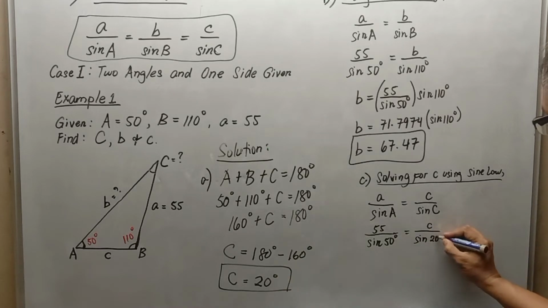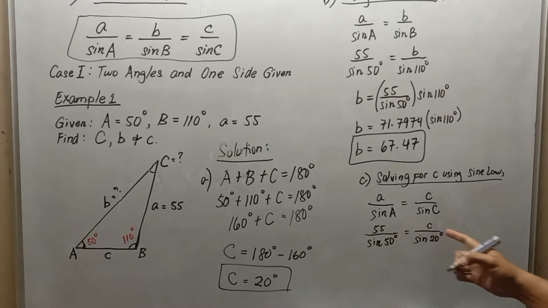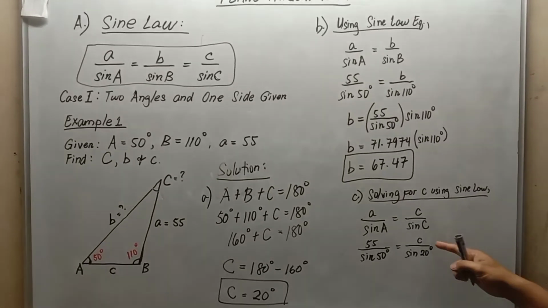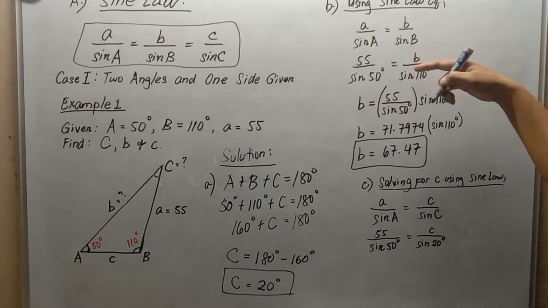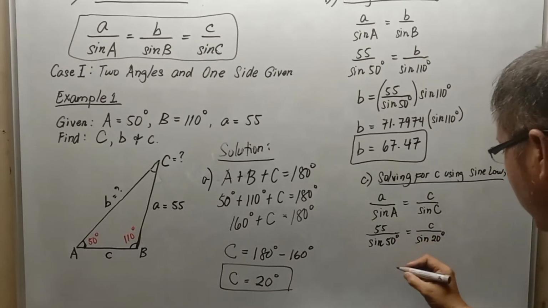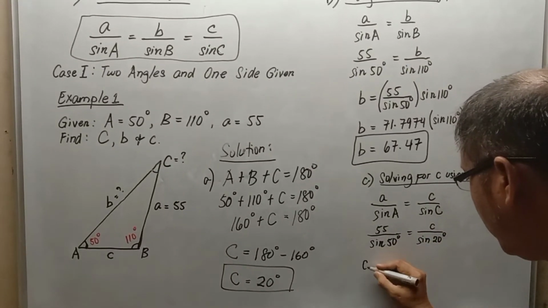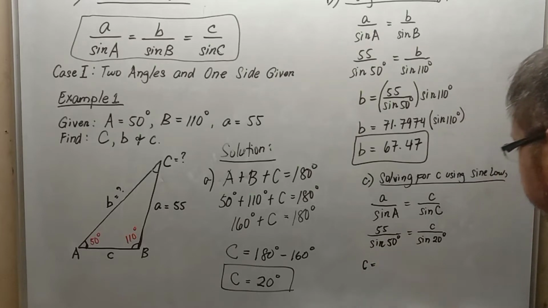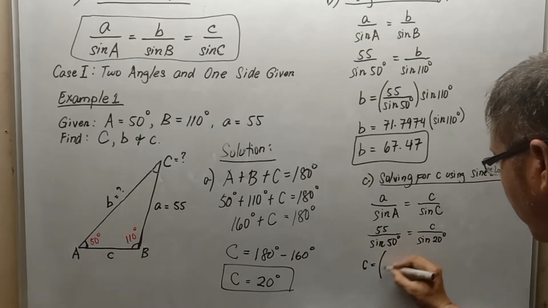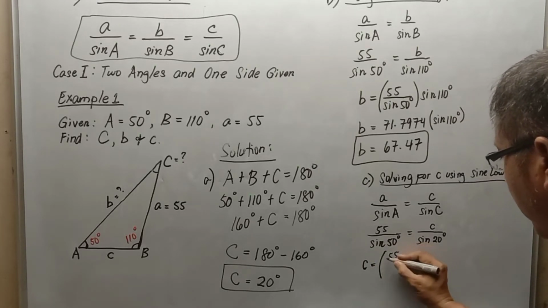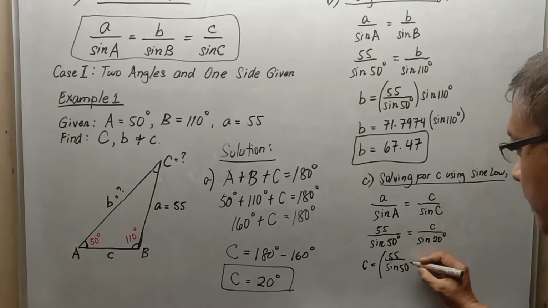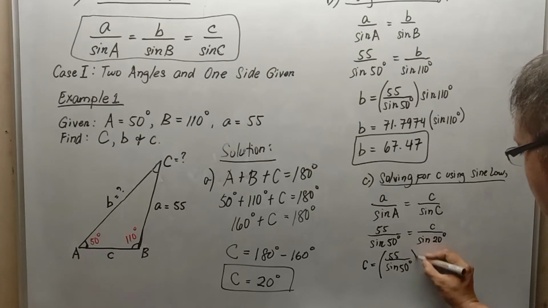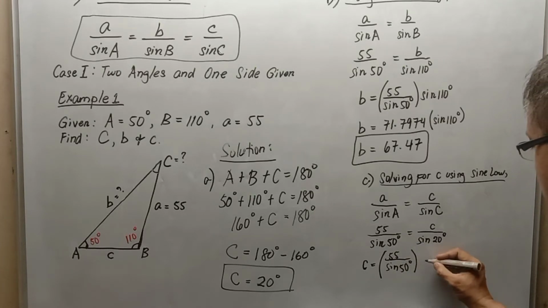Now, to simplify this expression, the same procedure as above, C will be equal to 55 over sine 50 degrees, times sine 20 degrees.